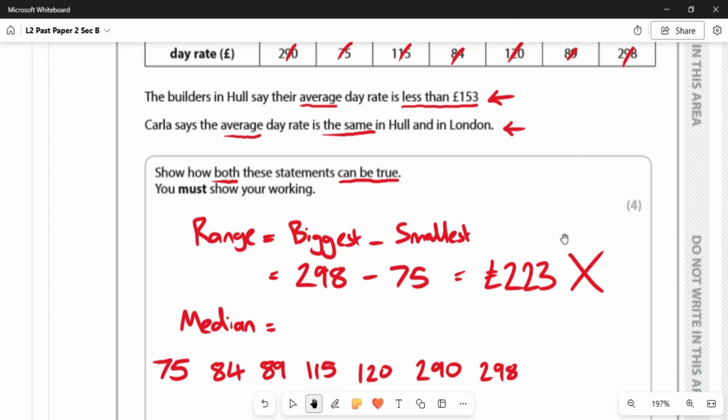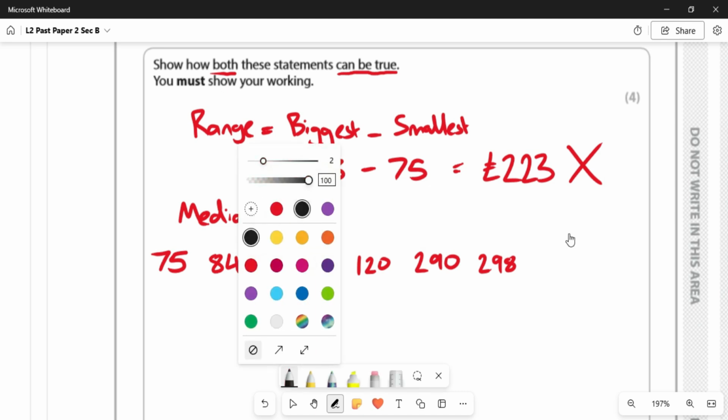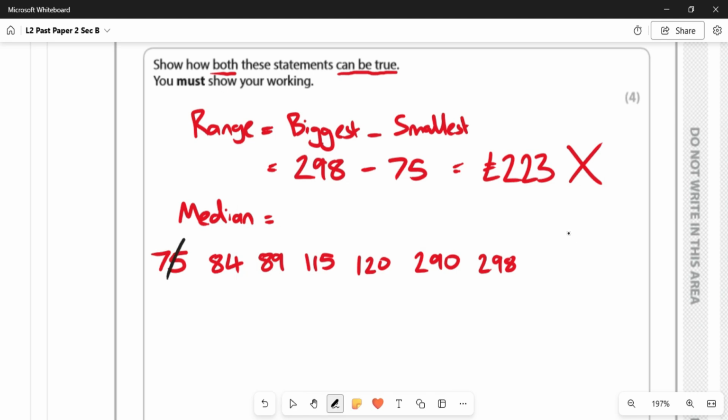Okay, so there's my list in order. Let's work our way towards the middle. Let me get a different color pen. So that goes with that, that's gone with that, that's gone with that. We're left with one in the middle.